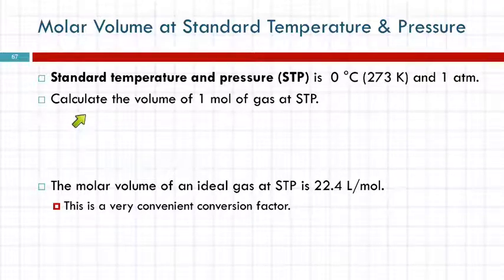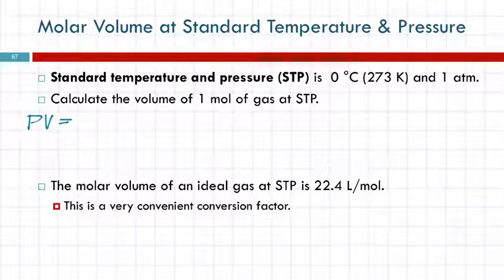So let's do a little calculation and calculate the volume of 1 mole of gas at STP. So n is going to equal PV over RT. That's not what I'm trying to find, though. Start over. We're calculating volume.